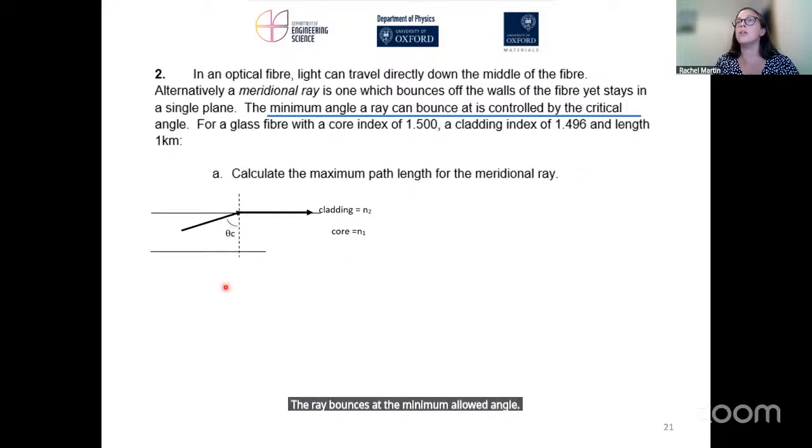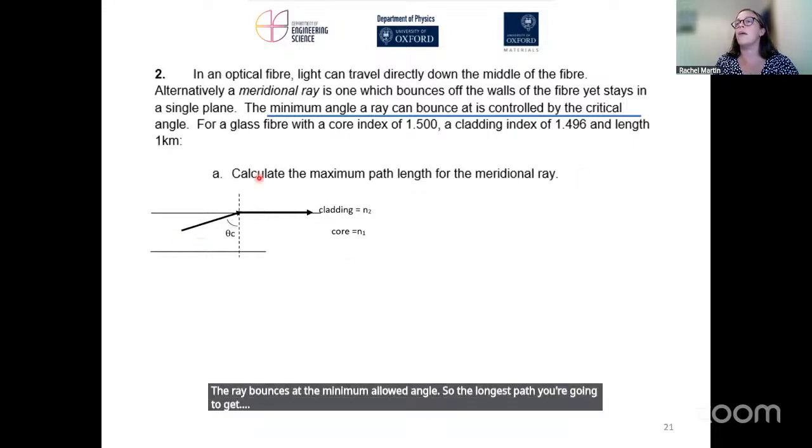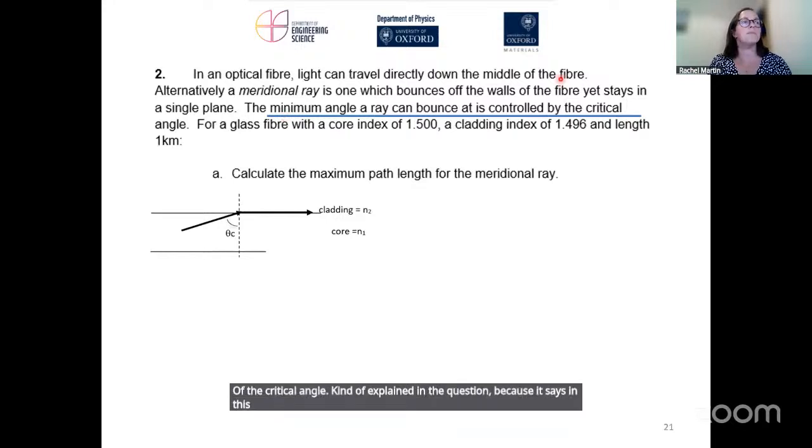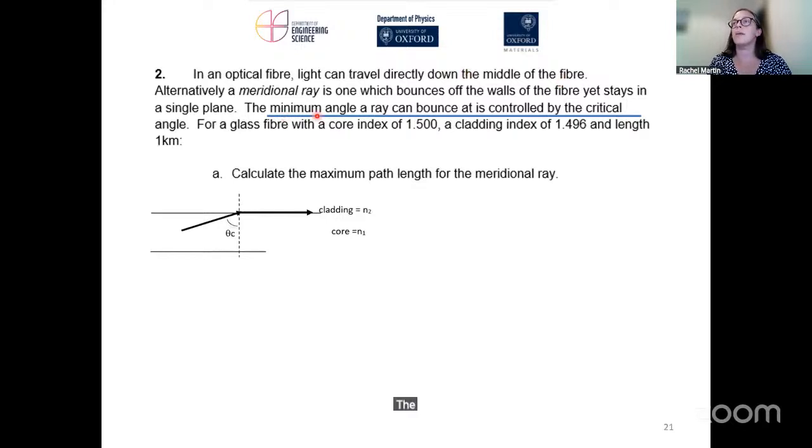So the longest path, which is the maximum path length, will occur when the ray is traveling at an angle of incidence to the core cladding boundary of the critical angle. That's explained in the question, because it says in this underlined section, the minimum angle a ray can bounce at is controlled by the critical angle.